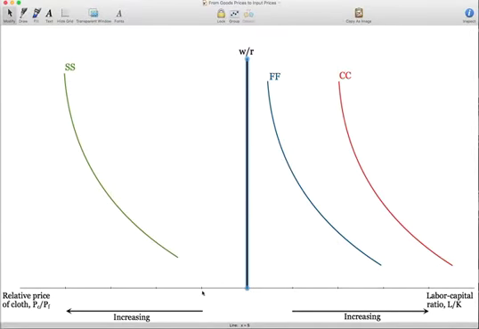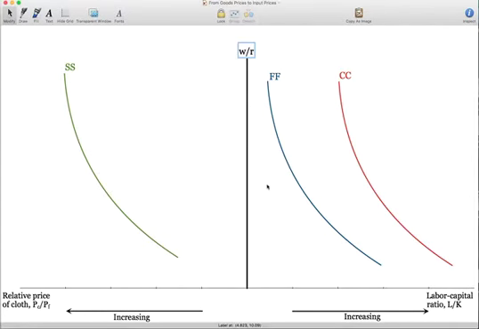And if we move from this point to the left, we're increasing the relative price of cloth with respect to food. It's the first thing that students oftentimes get a little bit confused about. They look at this as a normal graph and say, well, how could this be considered upward sloping? It's downward sloping. You have to realize that as we're moving to the left, we're actually increasing the relative price of cloth with respect to food. So make sure you're comfortable with that.